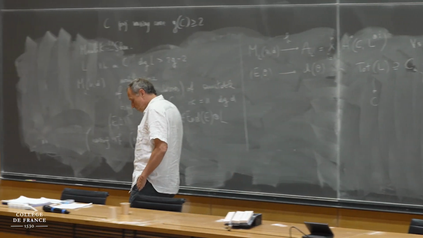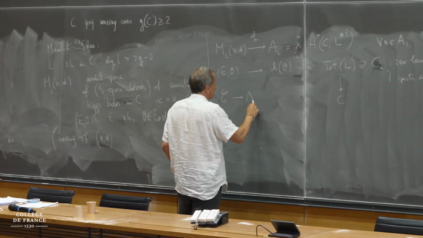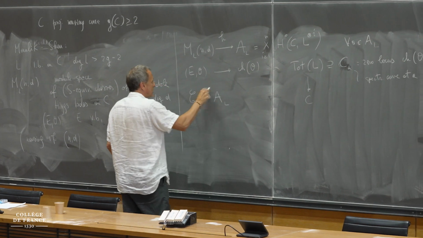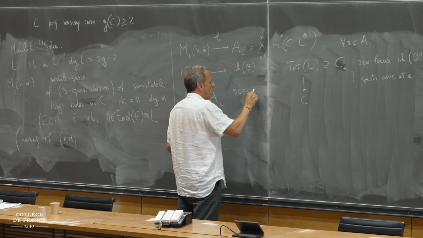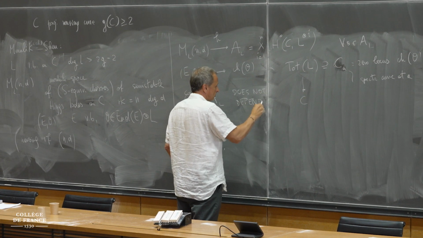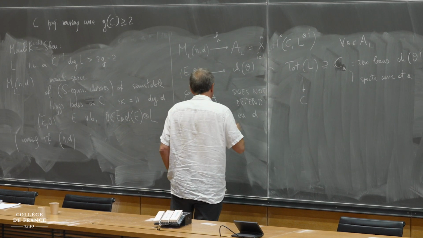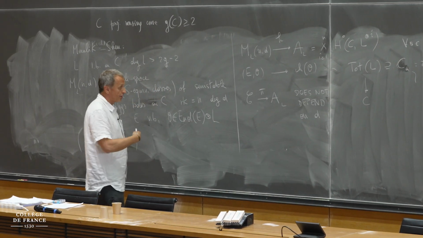So we have a family, called the spectral curve family, over A_L. This family, let me emphasize, does not depend on the degree. It's a flat family.